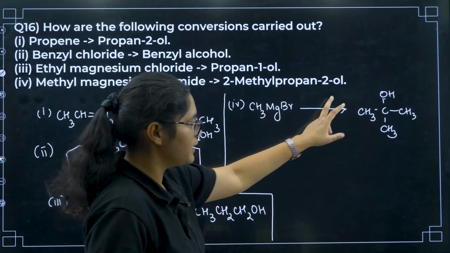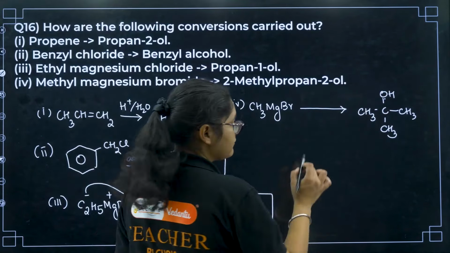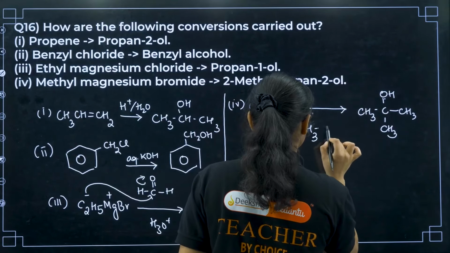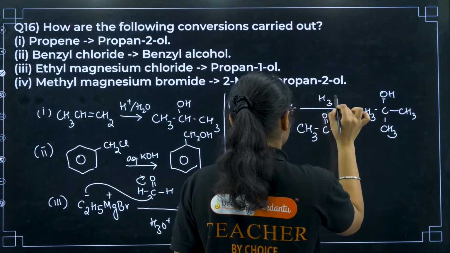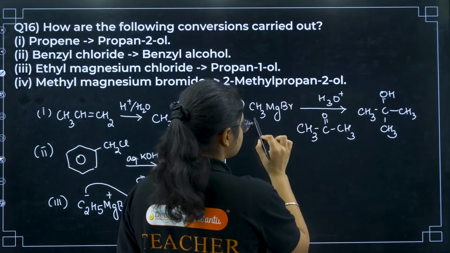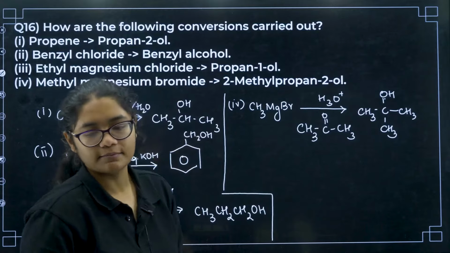Now see, whenever I am getting a tertiary alcohol, it should react with a ketone. So I have here one acetone group like this. In H3O plus medium, what will happen? This one will react with this one. We will get this as the product here.